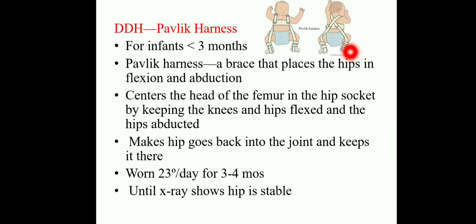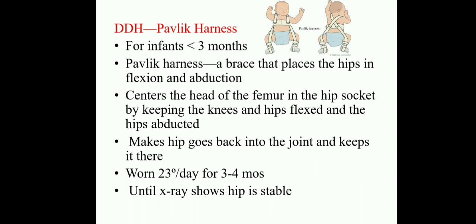The main action of this Pavlik harness is to maintain flexion and abduction of the hips. Because the dislocation is there, they use this brace to protect the ball and socket joint, the acetabulum and femur head.